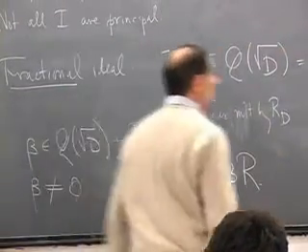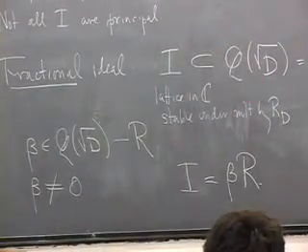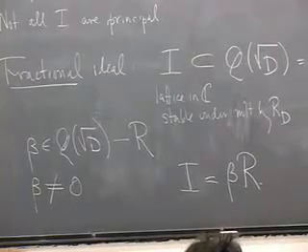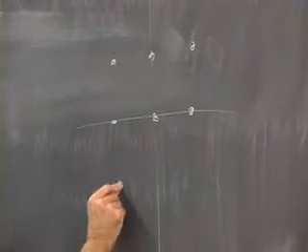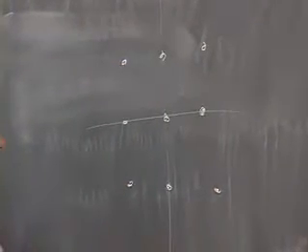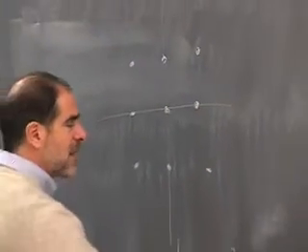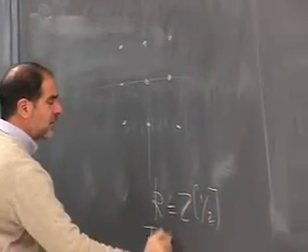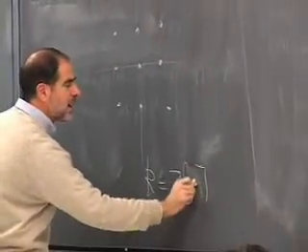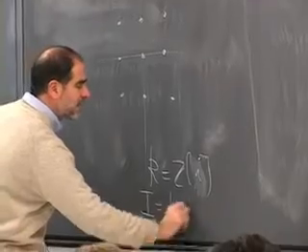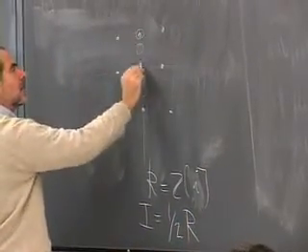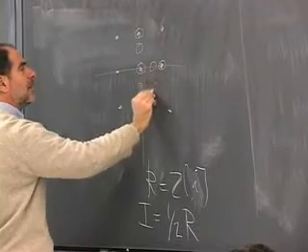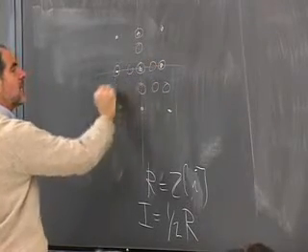So for example, if R were the Gaussian integers, so here's the ring R of Gaussian integers, Z[i], we might have the fractional ideal 1/2 times R, which would be the things here. And that's still a lattice. It's just not contained in R.